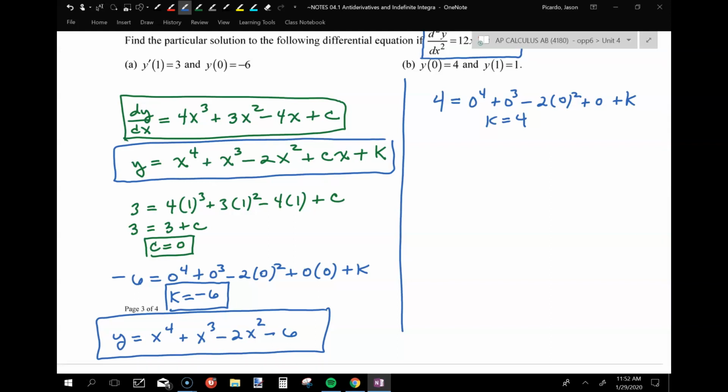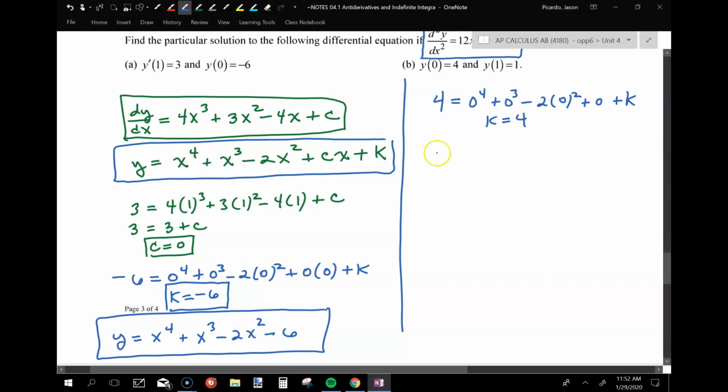And then I have another fact, right? And what's the other fact? If I plug in 1, I should get 1. All right, well, let's see what happens. And so what did I do, guys? I used the answer from this to plug into this, right? And what do we get here?